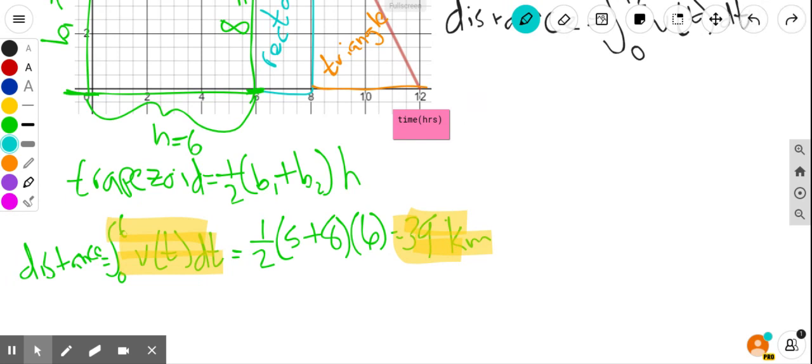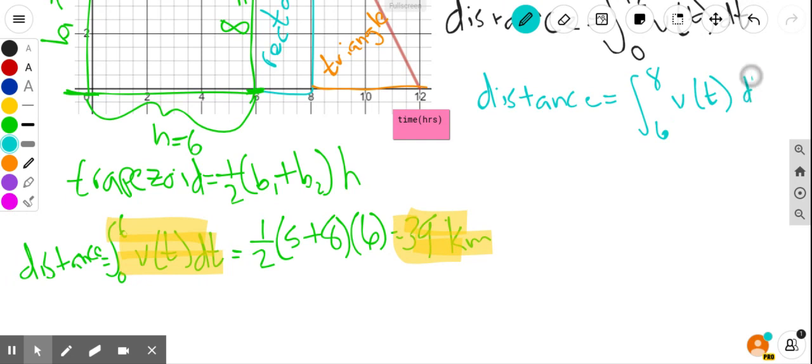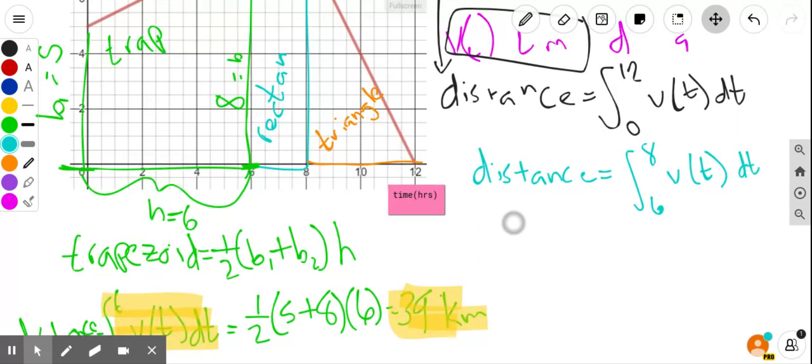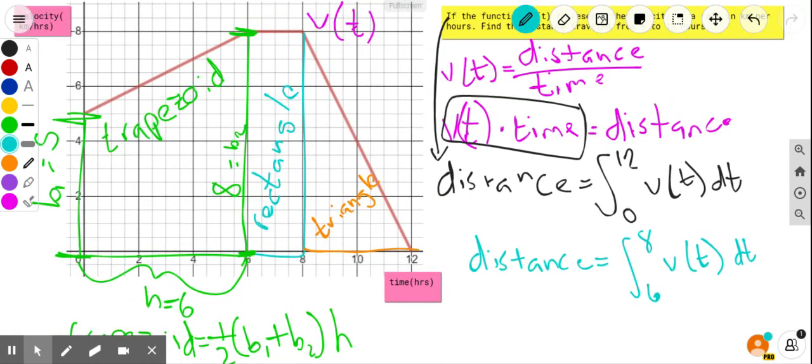And we're going to talk about that rectangle. So the distance according to the rectangle covers from 6 hours to 8 hours the velocity multiplied by the change in time. So for that, I just need base times height. So the base, okay, so this one I'm going to reorient.